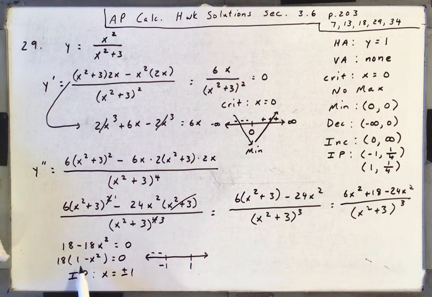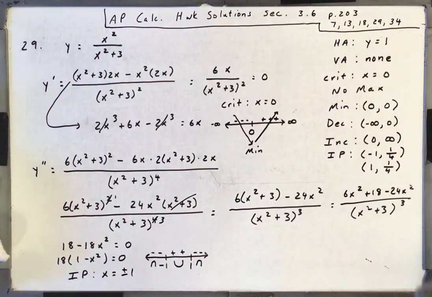Let's put in 0. That would be 18 times 1. So that's positive. And then let's put in, I don't know, 2. So 1 minus 2 squared, that's going to be negative. Right? So 18 times a negative is negative. Okay, so we're concave down here, concave up, concave down.